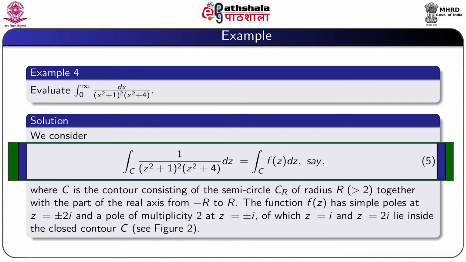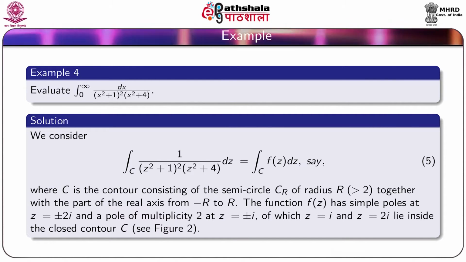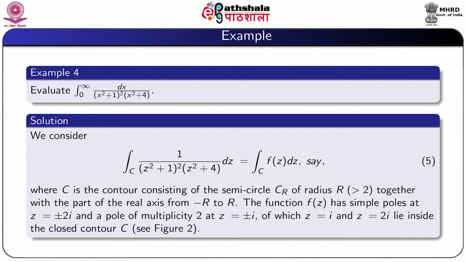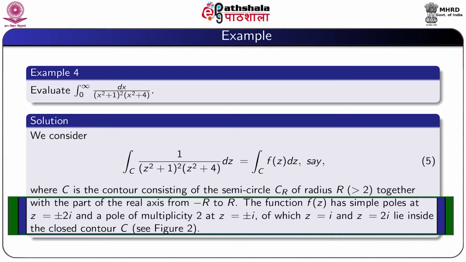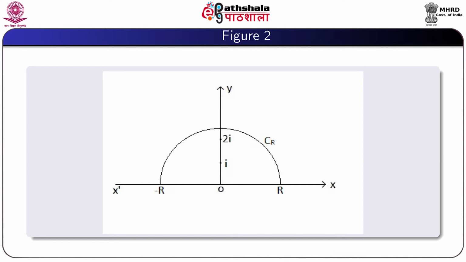We consider the integral over C of dz by (z squared plus 1) whole squared into (z squared plus 4), equal to the integral over C of f(z) dz, where C is the closed contour consisting of the semicircle CR of radius R, which is greater than 2, together with the part of the real axis from minus R to plus R. The function f(z) has simple poles at z equal to plus minus 2i and a pole of multiplicity 2 at z equal to plus minus i, of which z equal to i and z equal to 2i lie inside the closed contour C. So, here CR is the semicircle mod z equal to R, and i and 2i both lie inside the contour C.